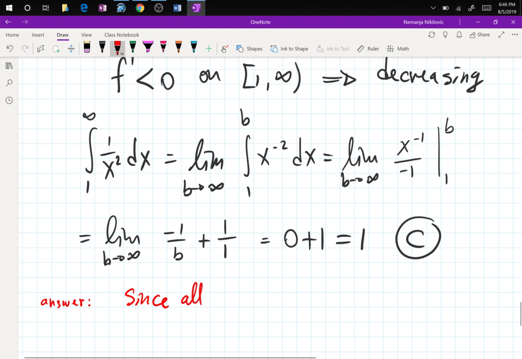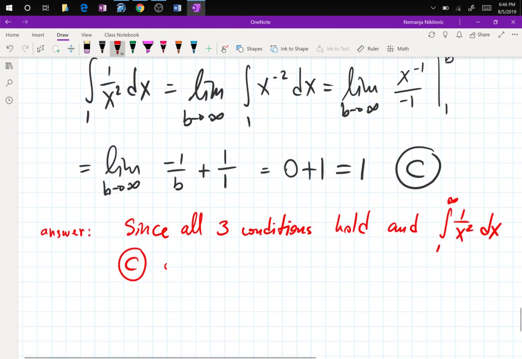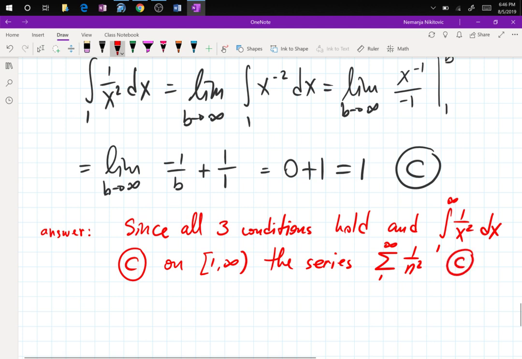Since all 3 conditions hold and the integral from 1 to infinity of 1 over x squared dx converges on 1 to infinity, the series summation from 1 to infinity of 1 over n squared converges by integral test.